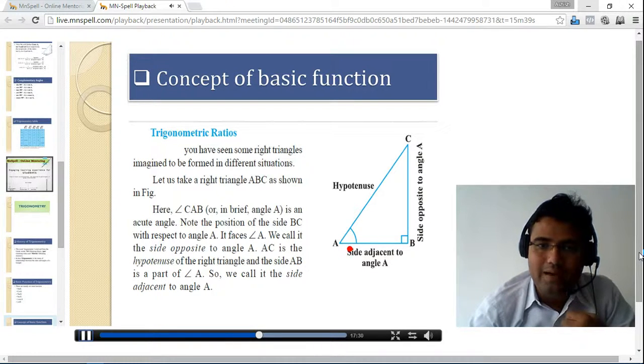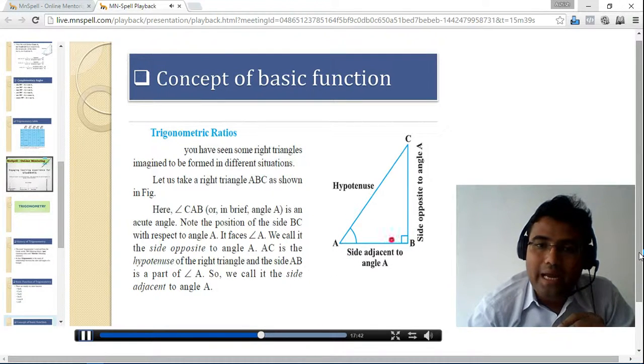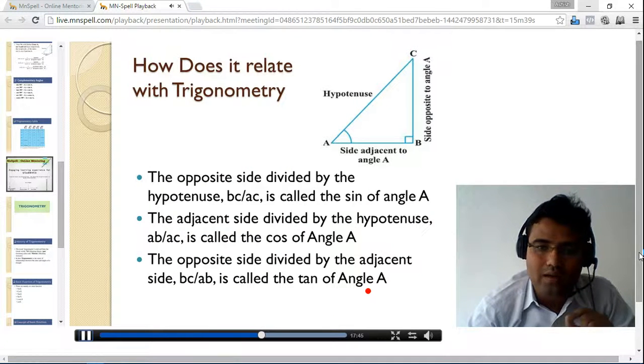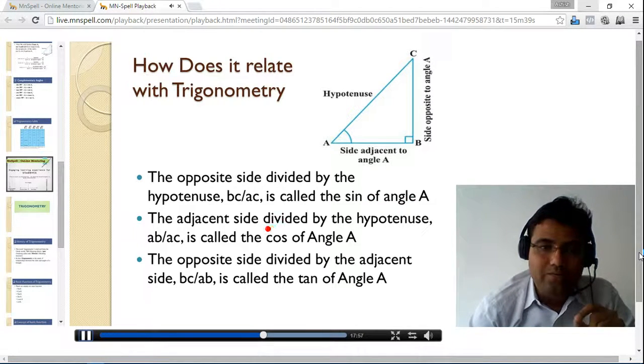With respect to angle A, the opposite side BC is the opposite side of angle A, and AB is the adjacent side of angle A. When we divide the opposite side by the hypotenuse, it gives the value of sine A. When we divide the adjacent side by the hypotenuse, it gives the value of cos A. And when we divide the opposite side by the adjacent side, it gives the value of tan A.